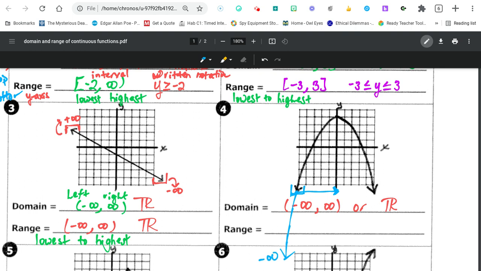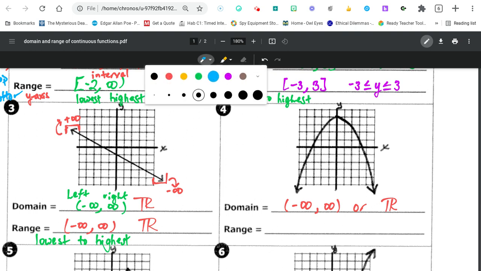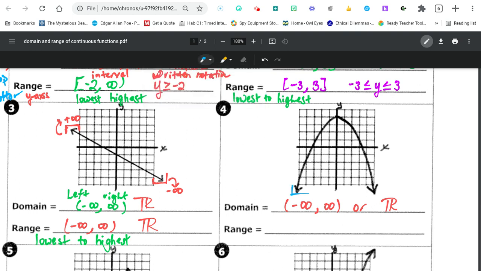Okay? So I'm just going to erase this. So because it's continuing to go down, it's approaching negative infinity going down. That's the lowest point.